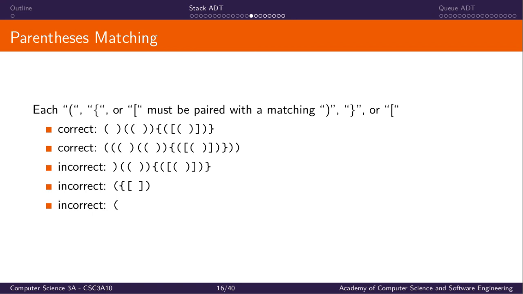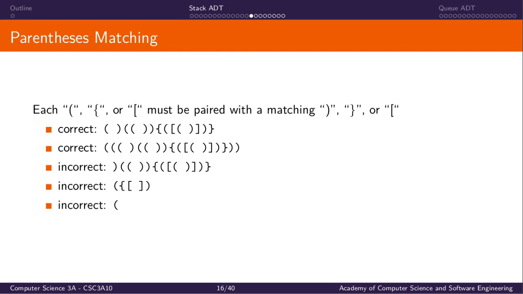So we have an opening round one, closing round one, then two opening round ones, two closing round ones, and then a brace, a bracket, a round bracket, and a square bracket. All these line up. My innermost one will be matched by my first closing one. I would never end up with an innermost square bracket and the first closed bracket being a round bracket or brace, as then they would not match.